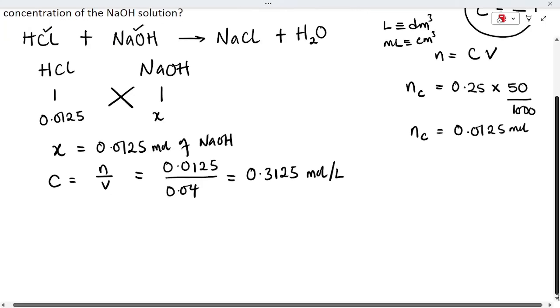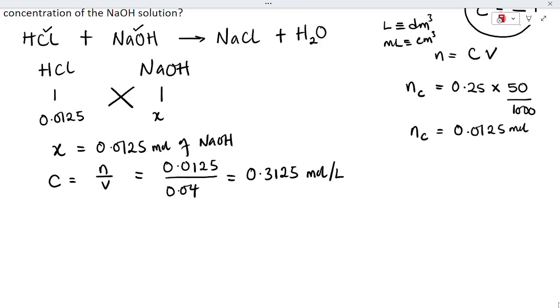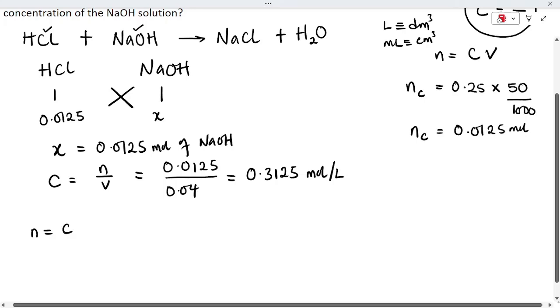However, the second method you can use, because it's relating concentration, volume, and number of moles, you can easily use this. Now, if you observe from the very beginning, we had that number of moles equals concentration times volume. You can simply express this as a ratio.